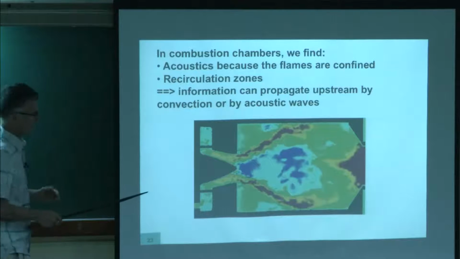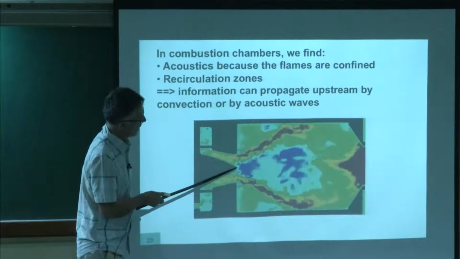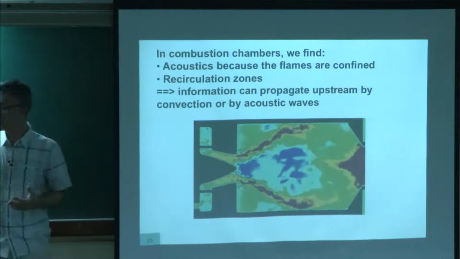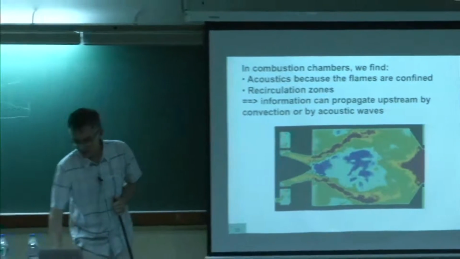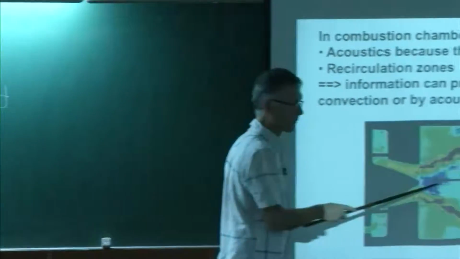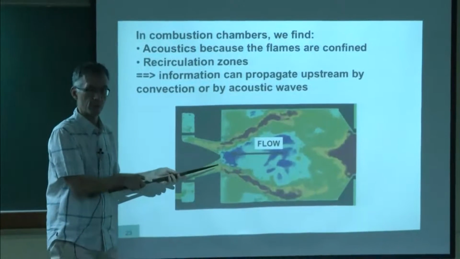So in the combustion chamber, this is again, I think, the Preccinstein engine. If you wonder what is going to be able to do this for you, you see that there are many mechanisms. In a swirl flow, the flow is actually going backwards here. So it's easy for it to bring back information from downstream to upstream.